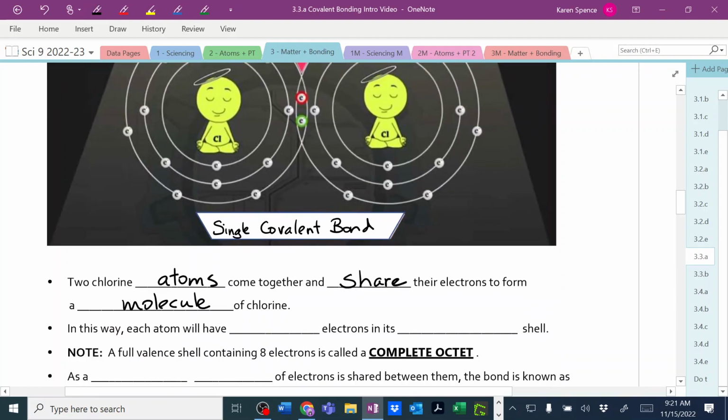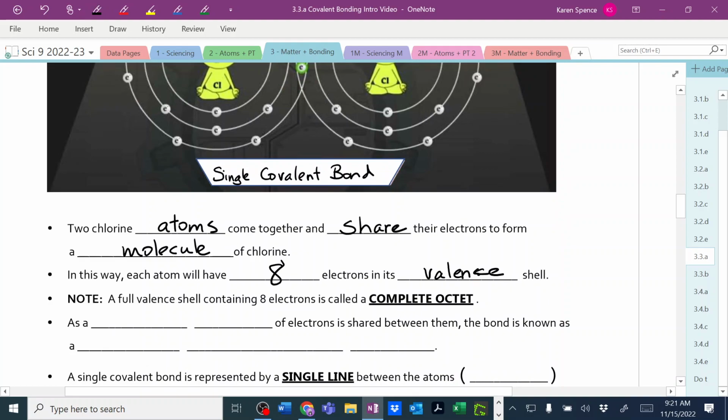And this way, each atom will have how many electrons in its valence shell? 8 electrons in its valence shell. And because we have 8, that is a complete octet, and that is very stable.